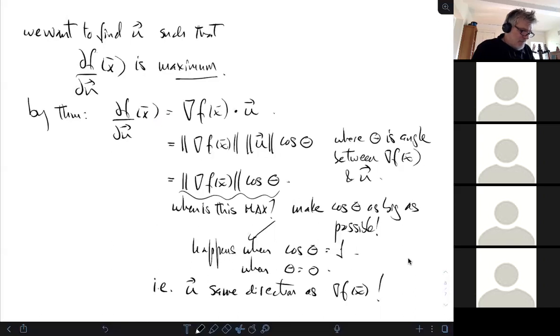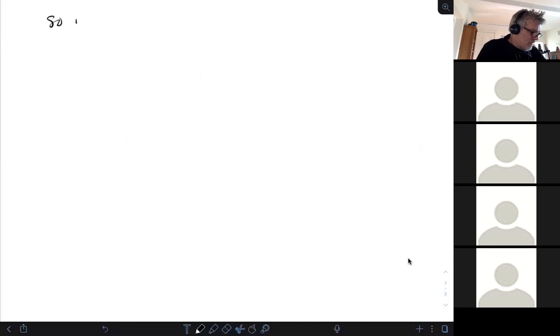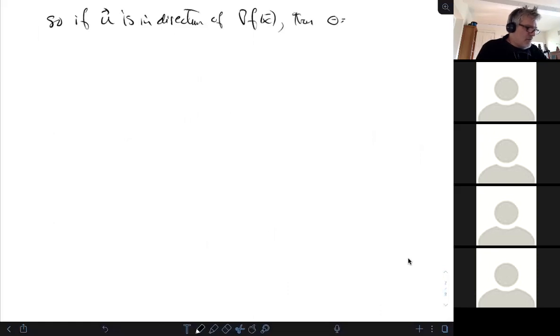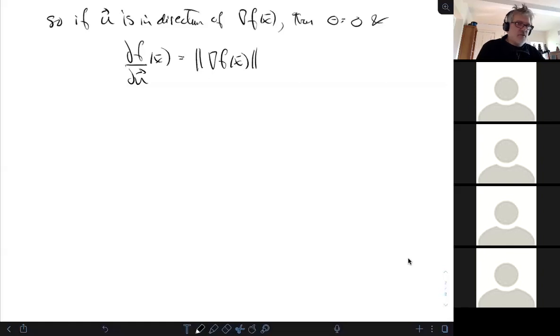So let's do that. If u is in the direction of gradient of f at x bar, then theta is 0, and del f del u at x bar, if you go back to the previous slide, you'll see that this is the value you get, so it is maximum among all directions.